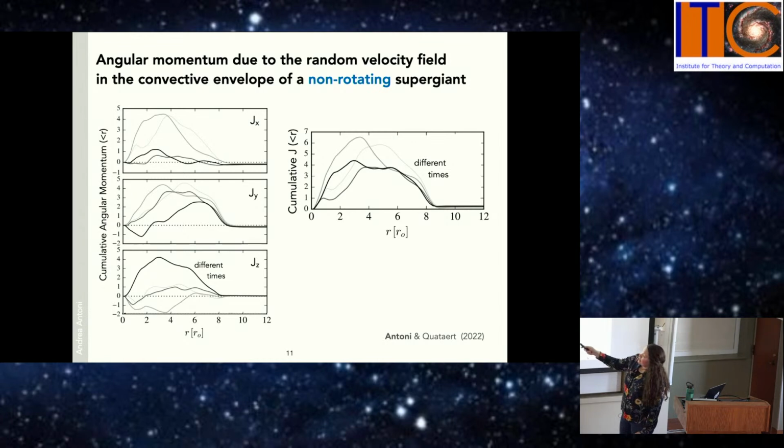Each of these is a component of a cumulative vector, and I've taken the magnitude here. As I integrate over shells with angular momentum vectors oriented one way, I increase the total integrated angular momentum. But then necessarily I start integrating over shells with oppositely oriented angular momentum, and once I'm outside the surface of the star, I'm back to zero.